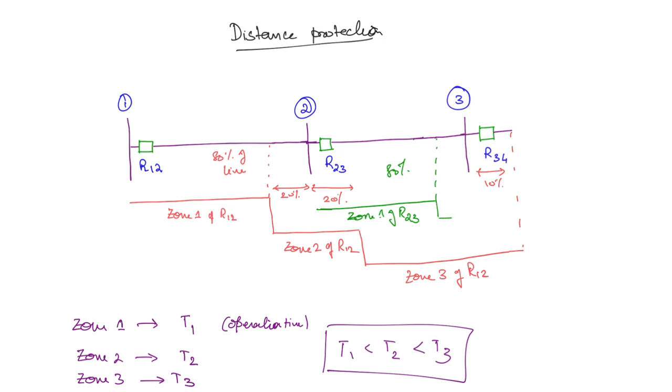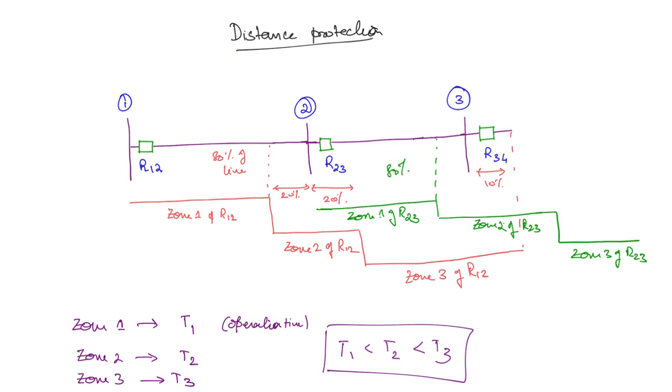Next, this is going to be zone 2 of R23, which covers 20% of this line and 20% of the next line. Similarly, zone 3 of R23 is going to continue like that.